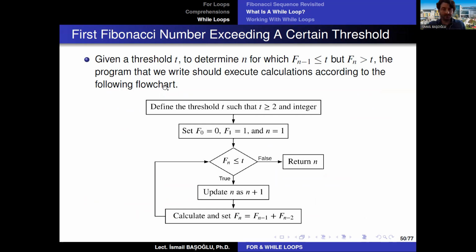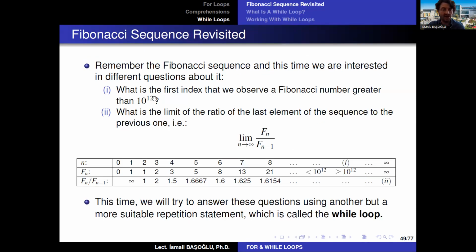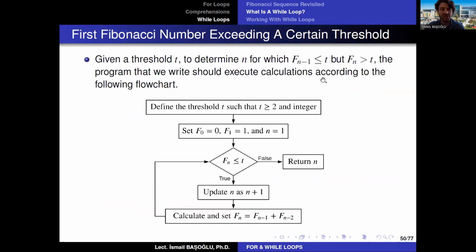Now, please check. I am interested in calculating the first Fibonacci number exceeding the threshold t. That threshold t was 10 to the power 12 in this question. However, I'm just making it much more general here.